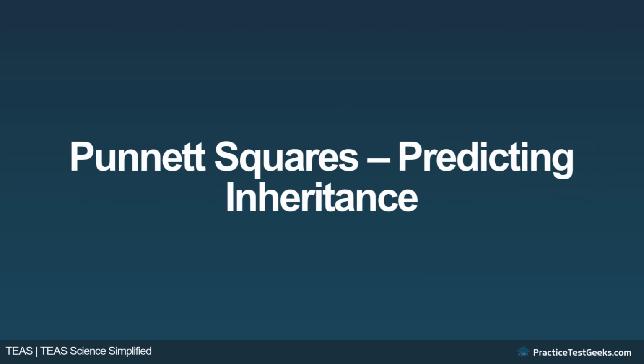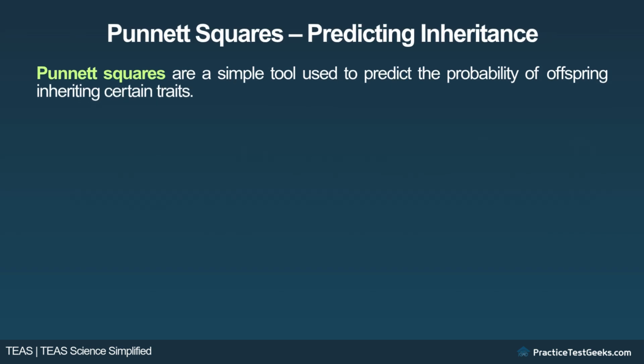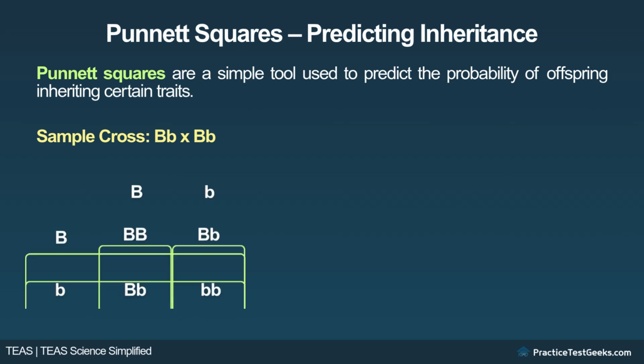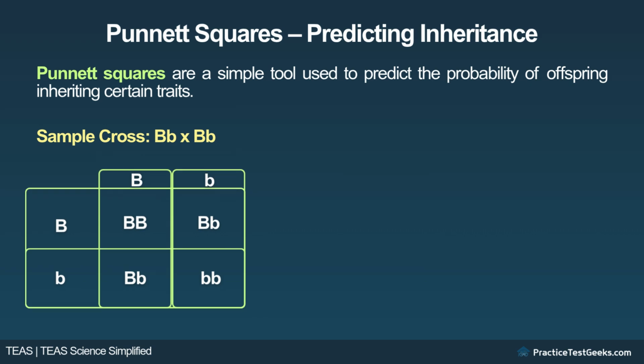Let's talk about Punnett squares, which predict the chances of traits being passed down. Imagine 2 parents, both have the genotype, capital B, lowercase b for eye color. Capital B is the dominant allele for brown eyes. Lowercase b is the recessive allele for blue eyes. Here's a sample Punnett square for a capital B, lowercase b parent crossed with another capital B, lowercase b parent.